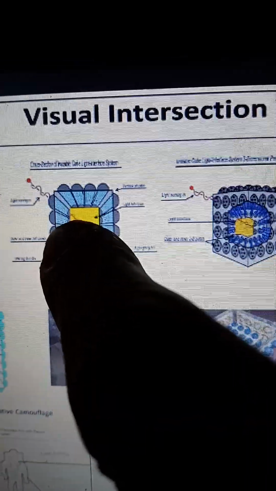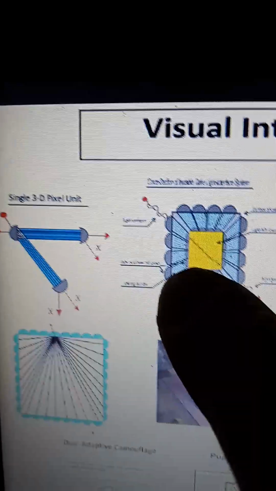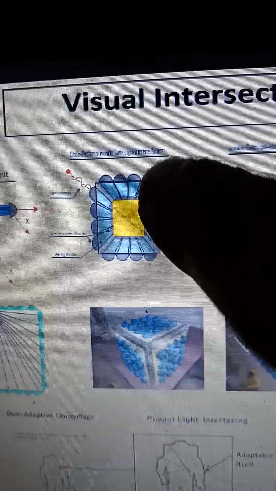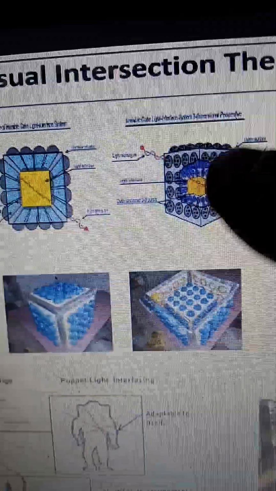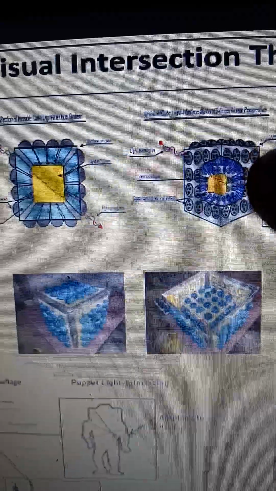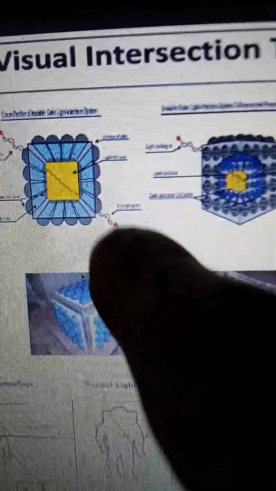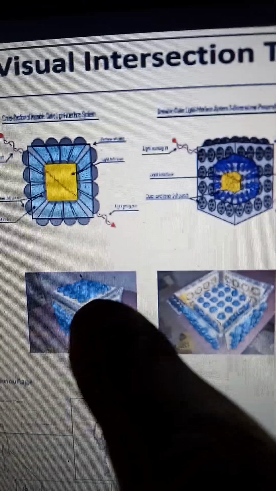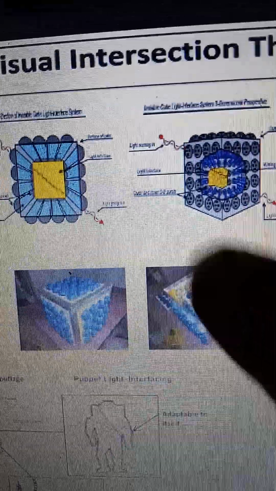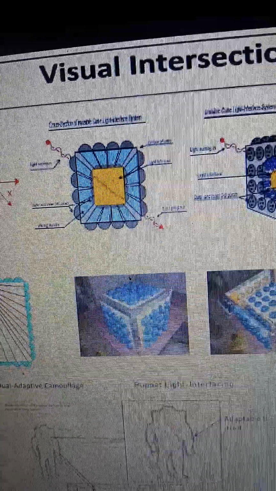Single pixel units all around. This is a 3D perspective of the interface within the outer surface shell. These are some real models that I made. They don't work, but they're the real models I made based on these diagrams.